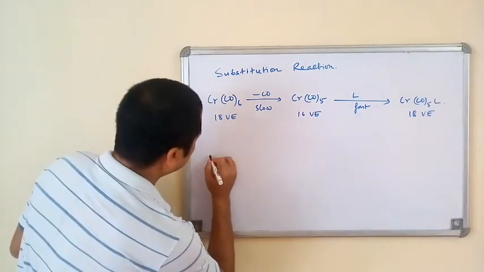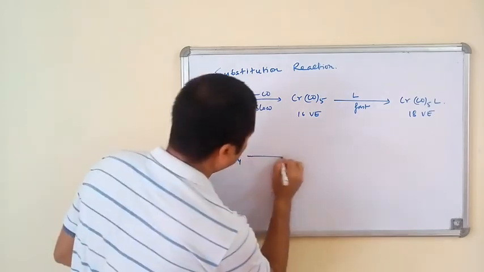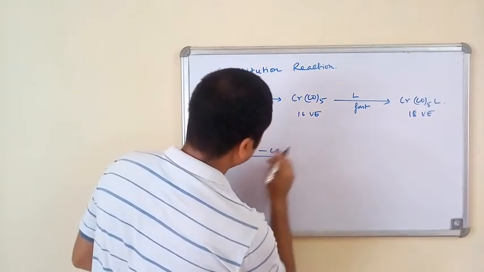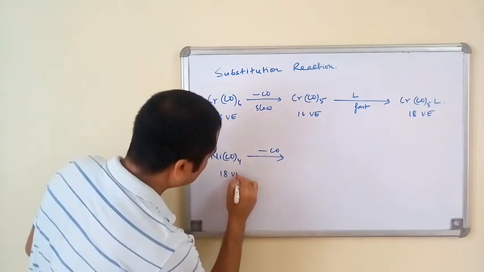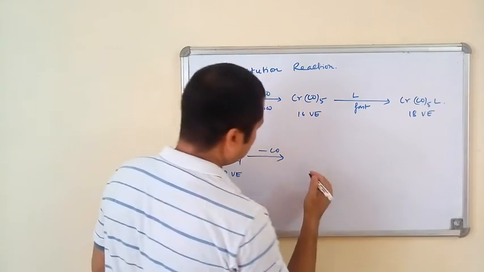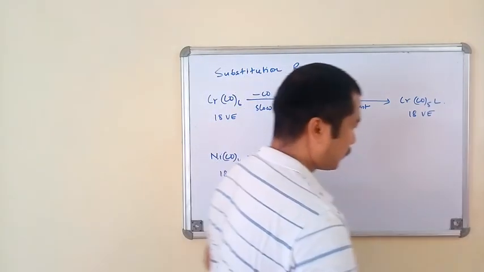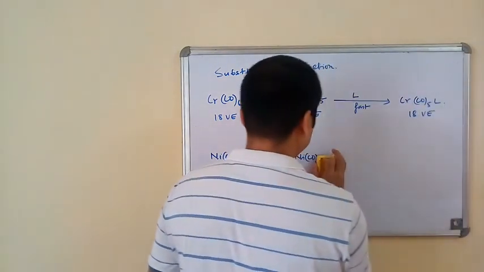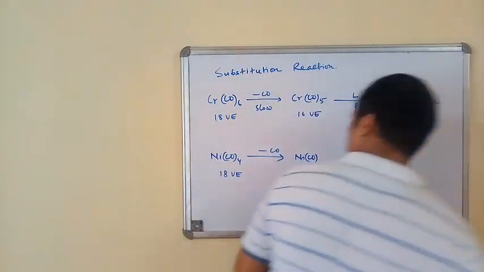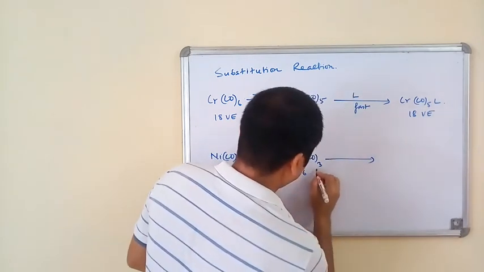Now if we see another example, that is the substitution reaction in nickel tetracarbonyl, again it is also a 18 valence electron species, and will undergo substitution via dissociative pathway, and it gives us nickel tricarbonyl here.